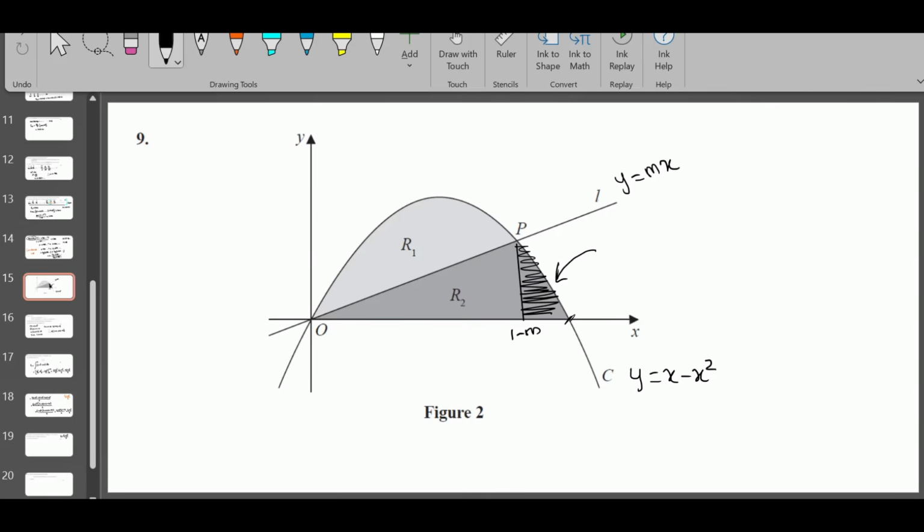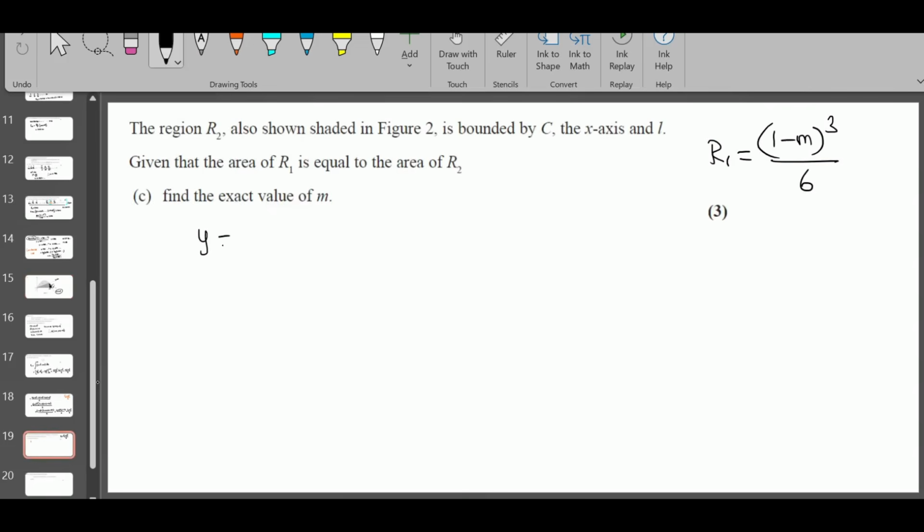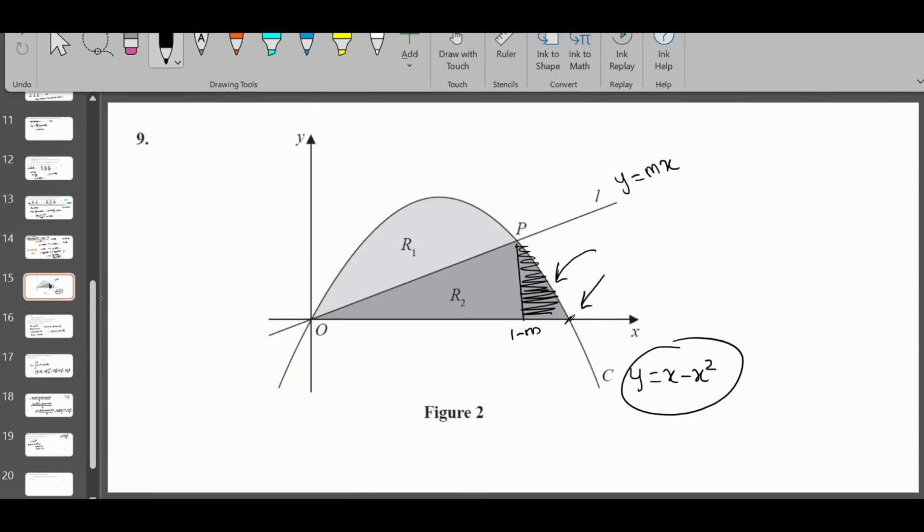What would be the x coordinate here when you replace y by 0 in this curve? So y is equal to x minus x square. When you replace y by 0, x minus x square is 0. x times 1 minus x is 0. That means it has 2 x-intercepts, x is 0 and 1. The origin is x equals 0 and this point is 1.